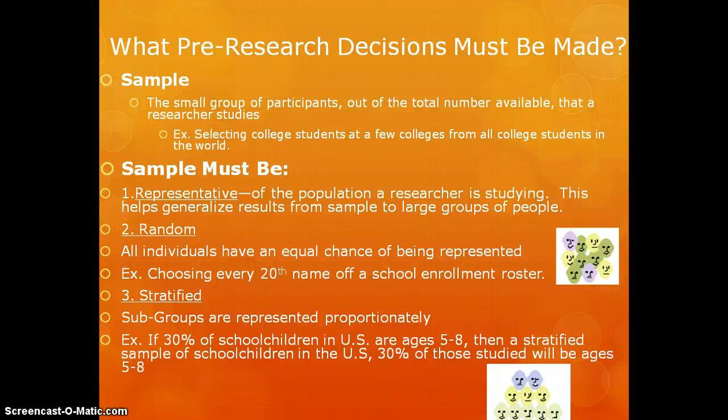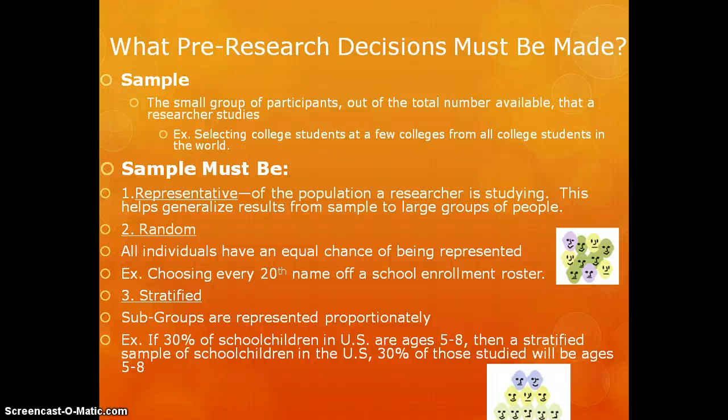Then in your sample, that means that 30% of those studied will have to be ages 5 to 8. So for example, if you are studying 100 people, 30 of them would have to be ages 5 to 8 to represent school children.